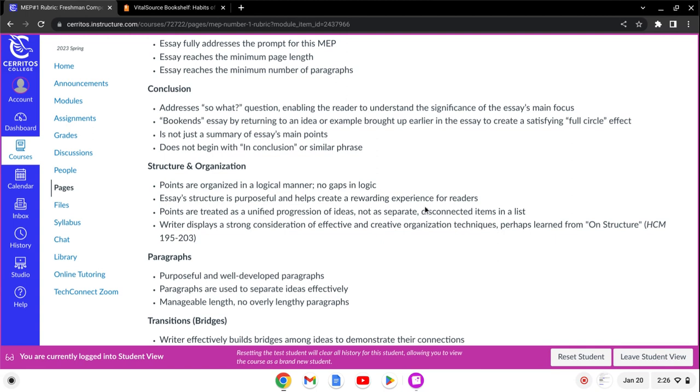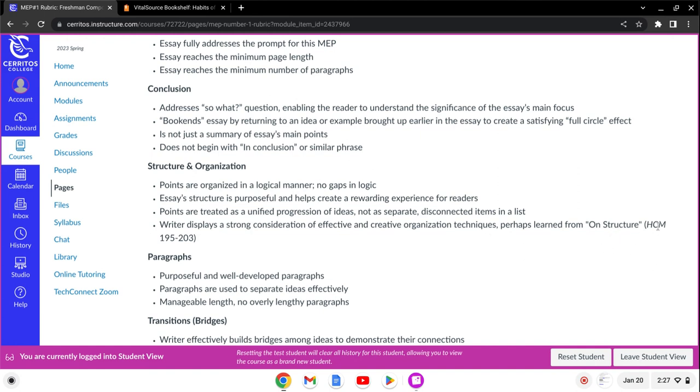Remember, we want to avoid what we call the listing effect. So think of each point in your essay as a single link in a bigger chain of meaning. Every link in that chain is connected to the one that comes before and connected to the one that comes after. So think of your points in that same way. Writer displays a strong consideration of effective and creative organization techniques, perhaps learned from On Structure.